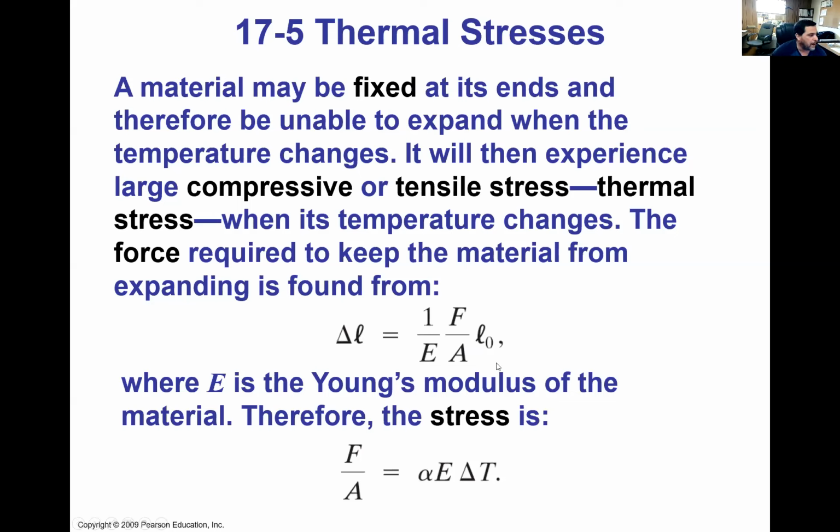So if you rearrange this equation from chapter 12, you get force over area, you get the stress, the thermal expansion coefficient, the Young's modulus and the change in temperature, okay?